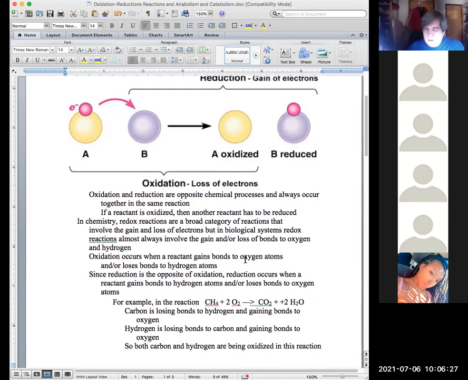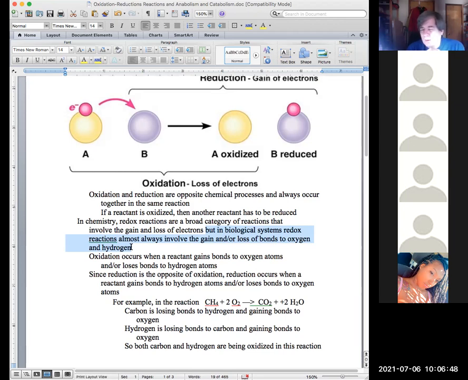Now in chemistry, there are lots of oxidation reduction equations. But when we look at biological systems, it's almost always something where we gain or lose bonds to either hydrogen or oxygen. So we're going to focus on that.